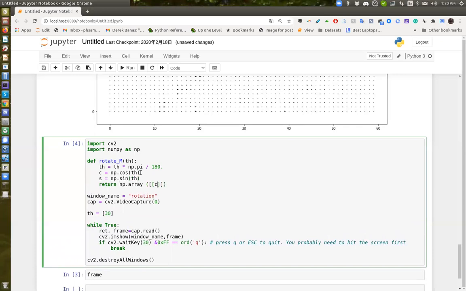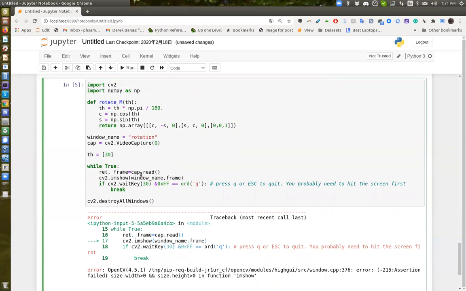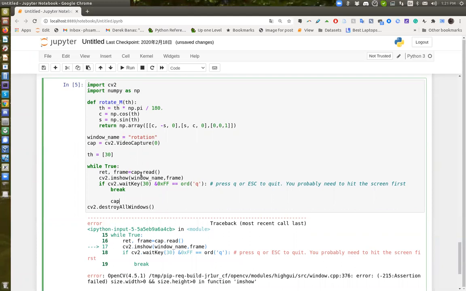Then I will have c and minus s, and then 0, and then the second row is s, c, 0, and then the third row is 0, 0, and 1, right? Something like this, right? I think I'm doing okay, right? So yeah. I may try it out somewhere else. Let's see. Okay, I did forget to release the cap, so every once in a while it just.